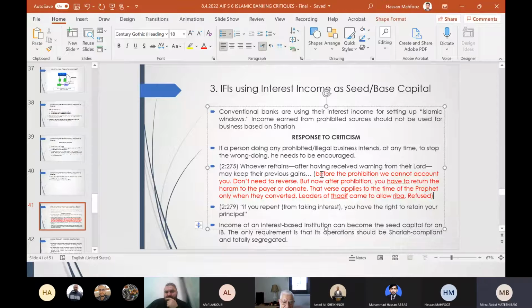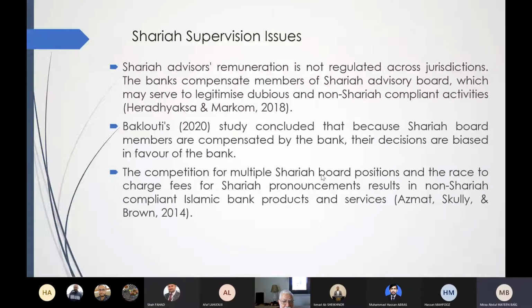What is the sense of why another Islamic bank should give you money to establish a window within a conventional bank? Not an Islamic window, but we can say establishing an Islamic bank or something like that. Because I faced a case of establishing an Islamic window of an insurance company, an Islamic Takaful window. So they first requested Sharia compliant financing. Let's first deal with the bank.